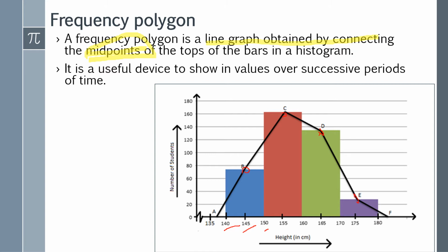Okay? So after locating the midpoint, then we are now ready to connect the midpoints. So mag-draw ka lang ng straight line connecting the midpoint of each histogram or each bar graph, and then end it. Okay? So this is now your frequency polygon. Nakuha? So yan po yung frequency polygon.